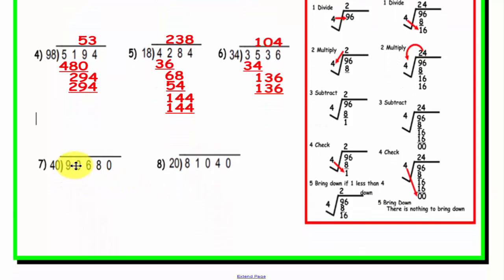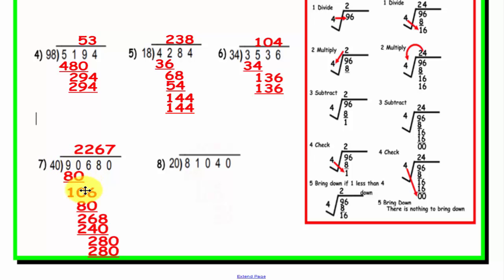Now look at this one. Okay, your dividend now has 1, 2, 3, 4, 5 numbers. Not to worry. It is the same logic, right? I don't care how big this number is. It is the same logic. All right. How many times does 40 go into 90? 2 times. 2 times 40 is 80.